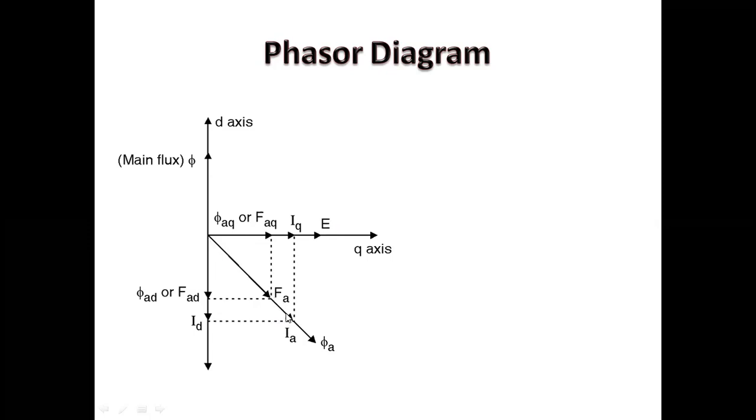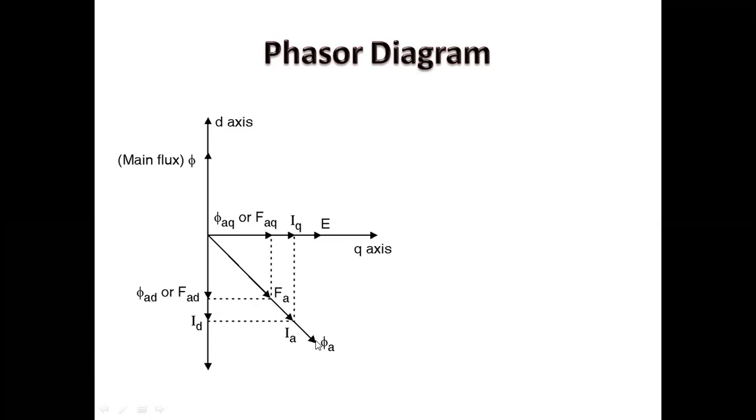Now the moment armature current flows Ia, it produces its own flux, which is denoted by phi A. And as we know, the flux and the current which produces that flux, they are shown in phase. So phi A is shown in same phase or in same line as that of Ia. Ia and phi A are in phase. And obviously, this results into production of MMF. Phi A is produced because of armature MMF. So armature MMF FA will be obviously in phase with phi A.